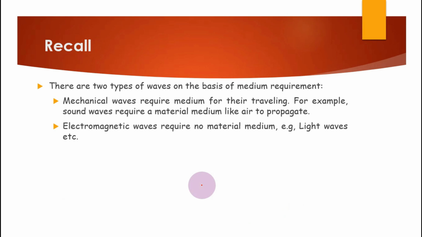Again, there are two different types of waves: mechanical waves and electromagnetic waves. For mechanical waves, there is a requirement of a medium to propagate, for example sound waves, and for electromagnetic waves there is no need of a material medium, for example light waves.